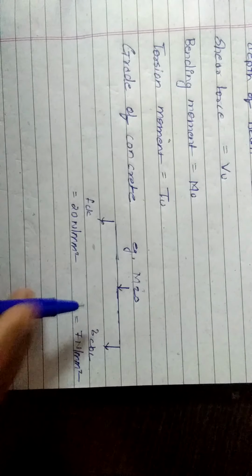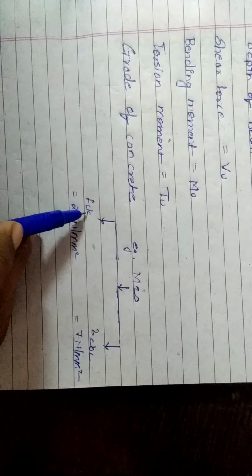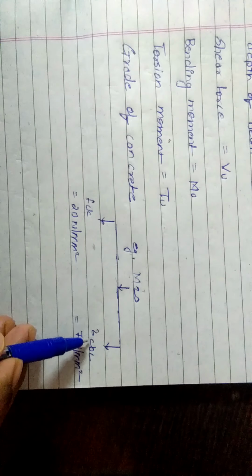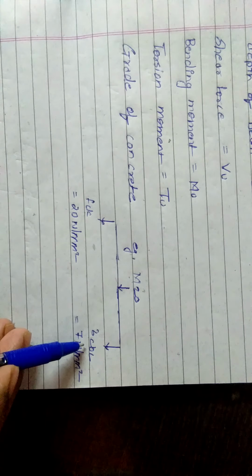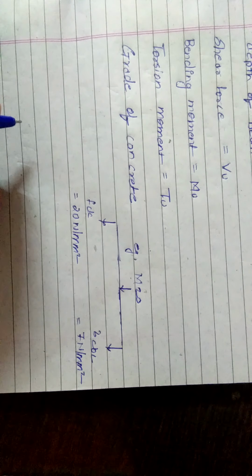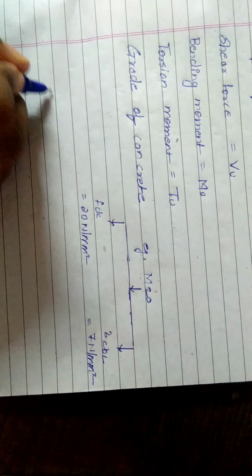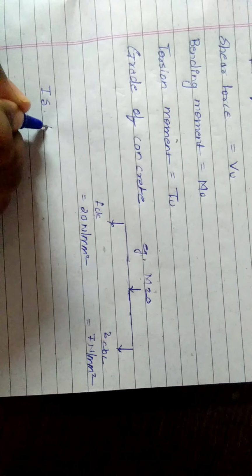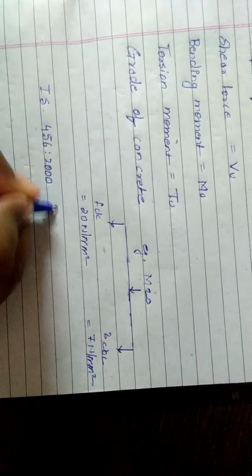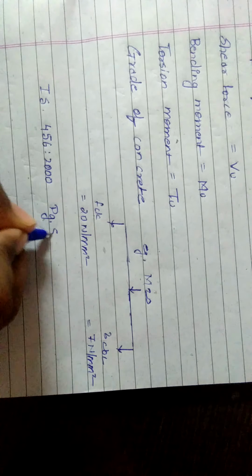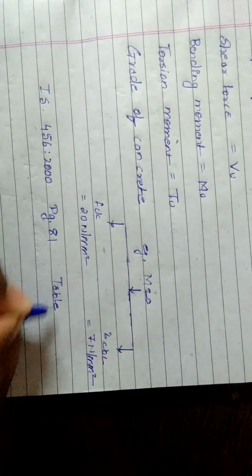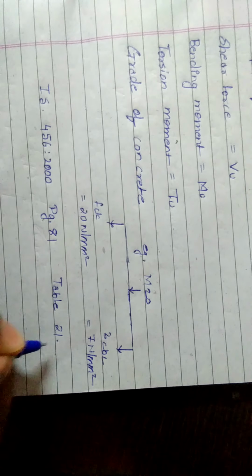Now see, for M20, FCK is 20 Newton per mm square, but how did we calculate the value of sigma CBC? For that we have to see IS 456 2000 and look at page number 81. There will be Table number 21.